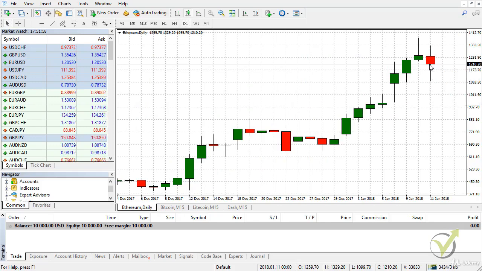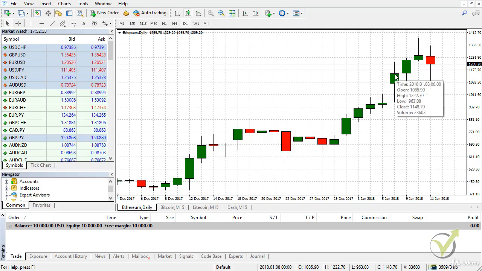If I put the mouse on the closing of every bar, or let's take yesterday because today is not finished yet. If I take yesterday and put it on the closing, you will see that I have 4 values. This is the open, the high, the low and the close. So if I take this day for example, there is a green body and there are 2 lines up and down.